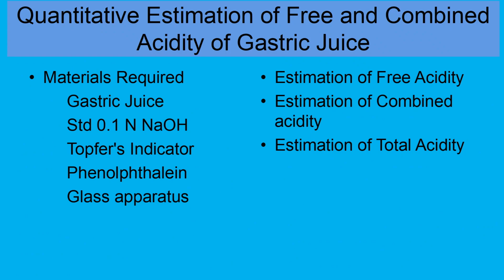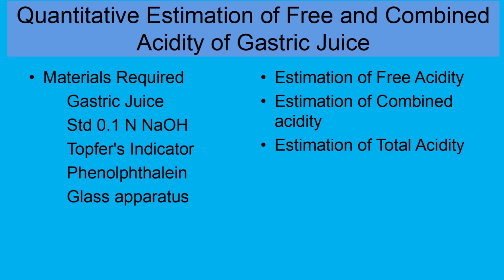Then quantitative estimation. What quantitative estimation can you check with this gastric juice? You can check for the free and combined acidity, and for this you can do a titration. The basic principle involved in this quantitative estimation is that the main acid present in gastric juice is HCl, that is a free acid. In addition to this acid, we have some organic acids like lactic acid, and pyruvic and butyric acid are also produced in the stomach.